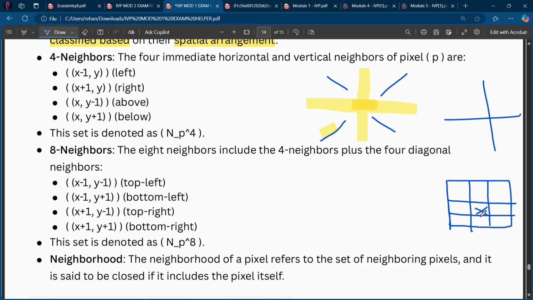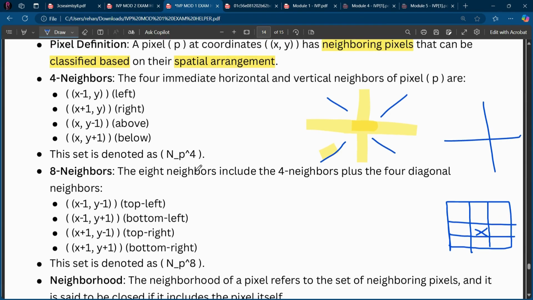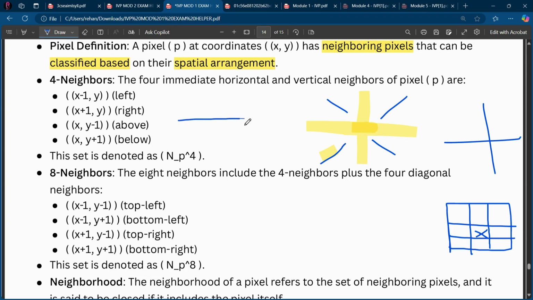Here, left and right are based on x values. This is x minus 1, and this is x plus 1. x is the middle, x minus 1 is on the left, and x plus 1 is on the right. Now y deals with up and down. y minus 1 is above, and y plus 1 is down.